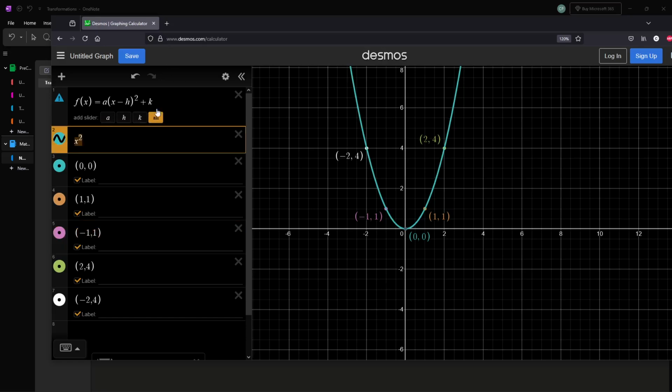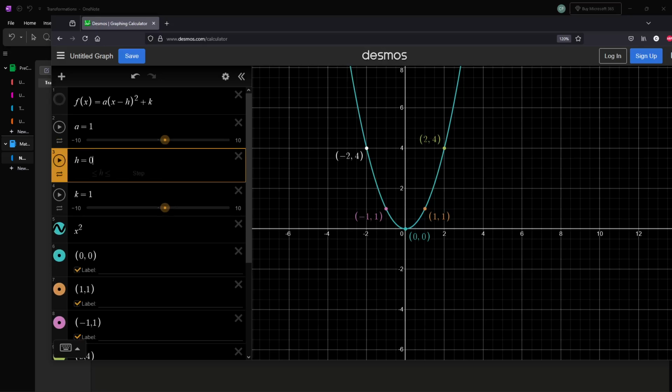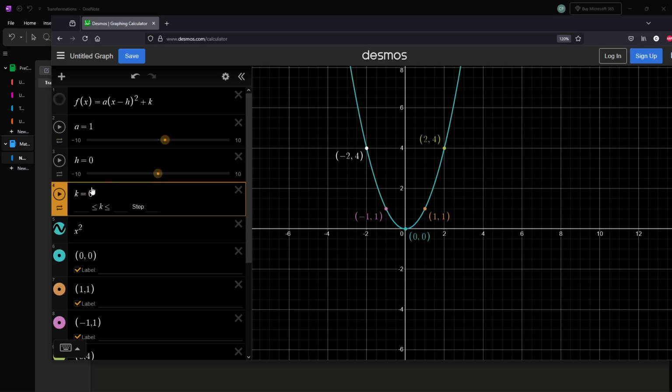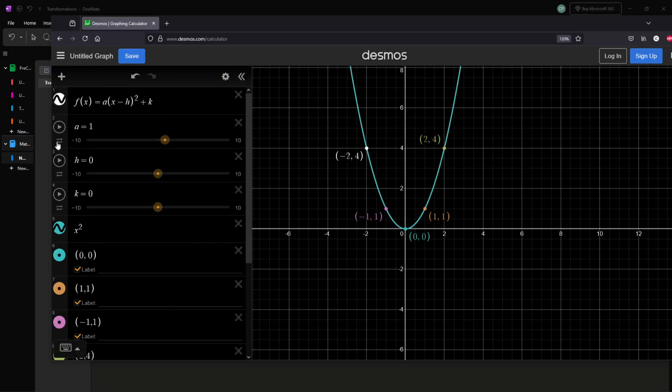So that's x squared. But now I have this big one right here, and I add sliders to them. So my graph looks exactly the same. It looks so much the same that it's overlapping. Because when a equals 1, I'm multiplying by 1 on the outside. That does nothing, because multiplying by 1 doesn't do anything. So let's ignore that. The h inside is subtracted, so I'm subtracting by 0.